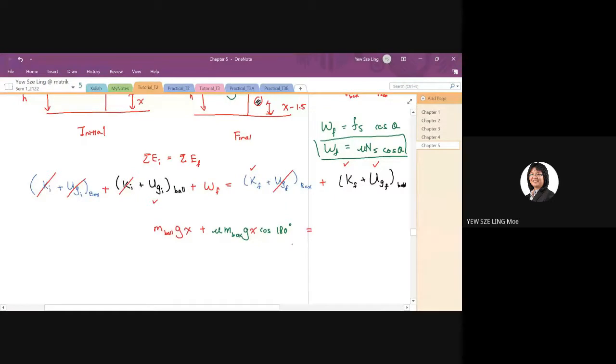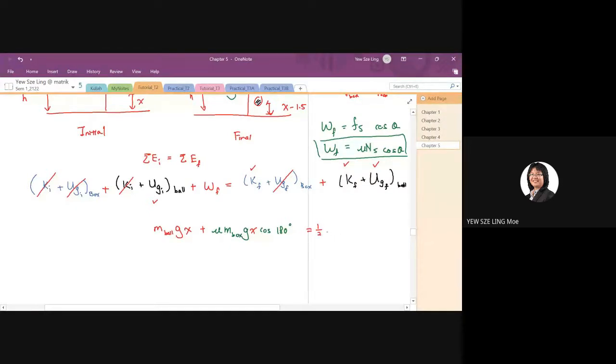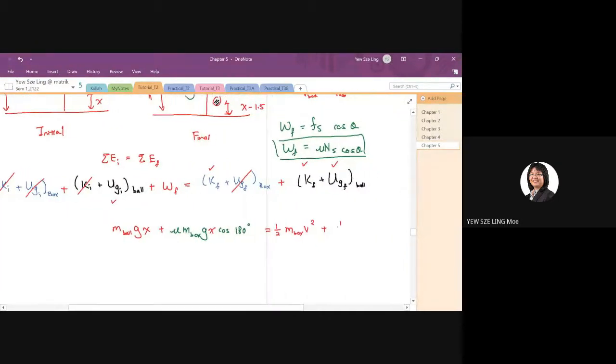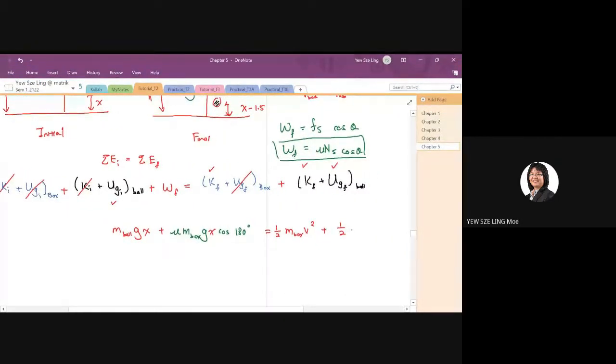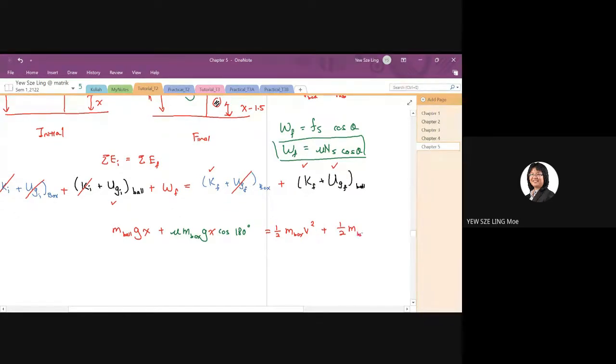K final. K final is 1 over 2 m box v squared plus 1 over 2 m ball v squared.